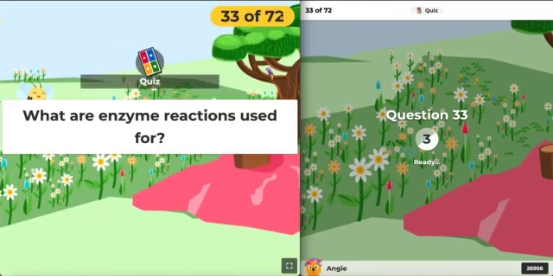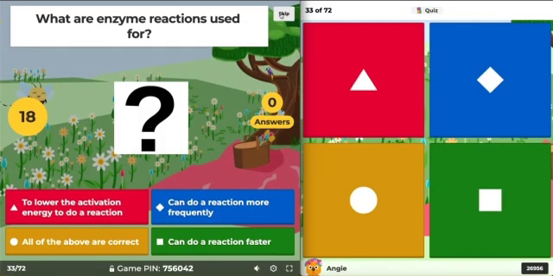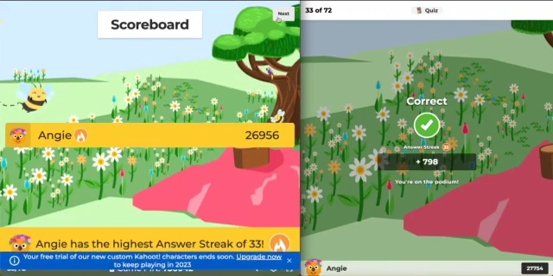Okay, let's speed it up. What are enzyme reactions used for? Enzyme reactions are usually used to lower the activation energy. They're used to make a reaction faster and more frequent, because it lowers the activation energy that is required to perform.